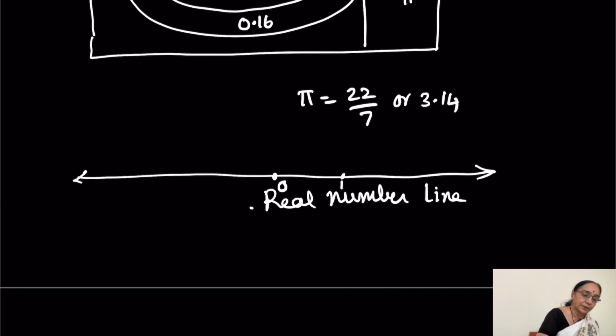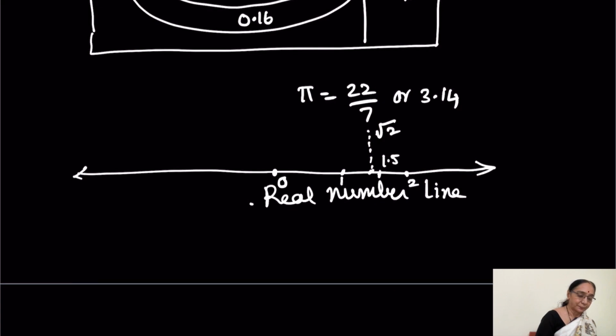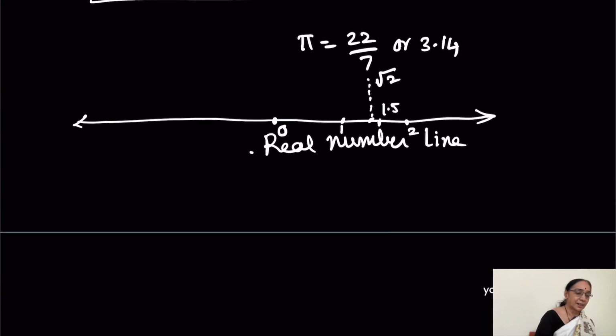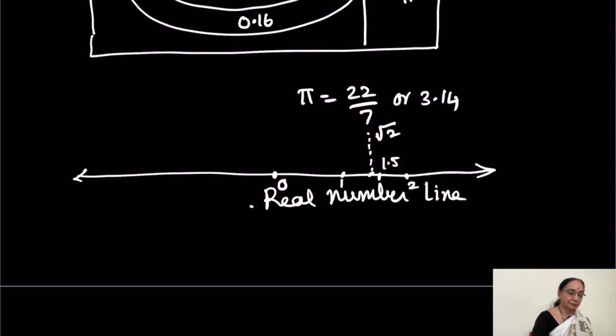We have 1 over here, 2 over here, then 1.5 maybe here in between 1 and 2, and square root of 2 will be somewhere here. How to locate square root of 2 on the number line, we will be studying later on. That's a very interesting topic. So that sums up the number system.